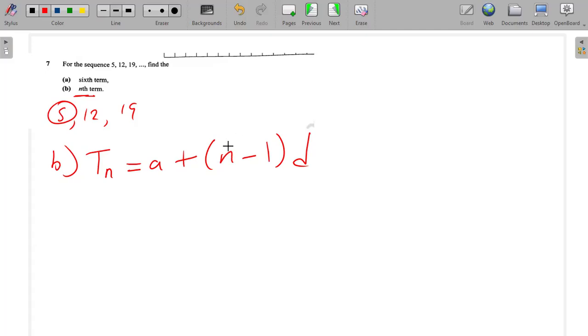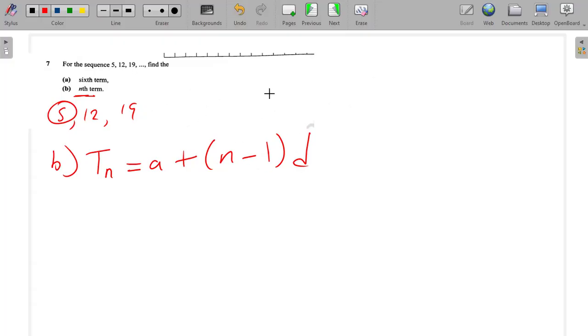So if it's the 6th term, where there's n, you put 6 minus 1, and then d. Now, d is the difference between two terms in the sequence. If it's an AP, you're going to notice that the sequence difference is going to be the same.